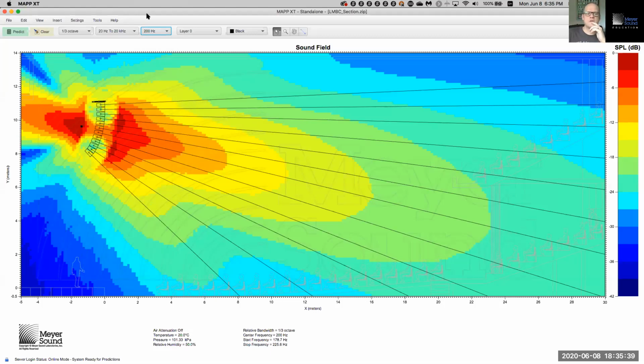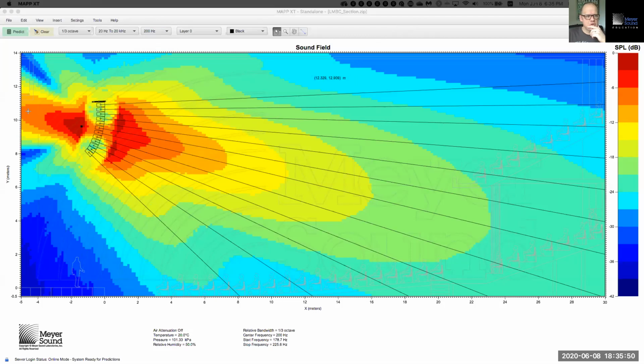But around 200 hertz, it suffices to say that this beam is essentially too narrow. I mean, look at it. It touches down. If we draw a line through our beam, it's pointing somewhere at the fourth row underneath the balcony. That is the general direction of that beam.